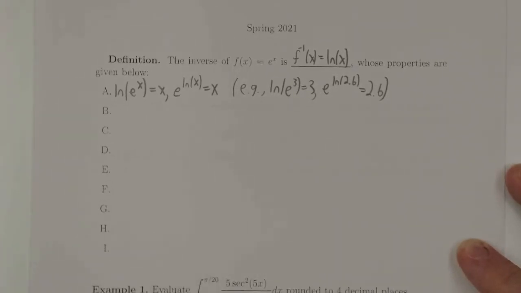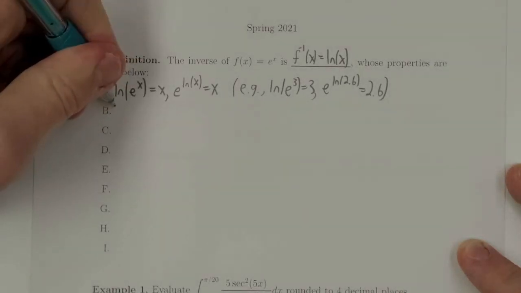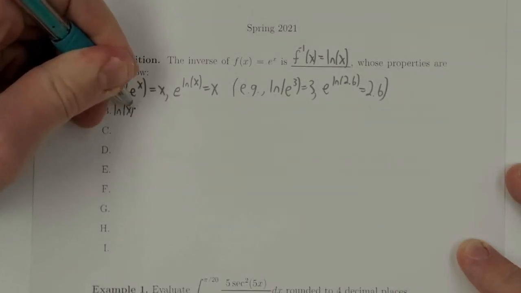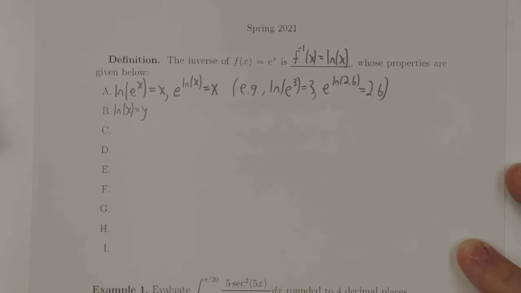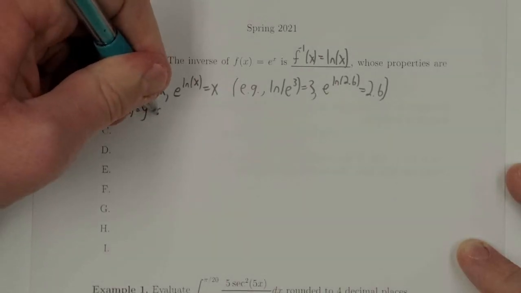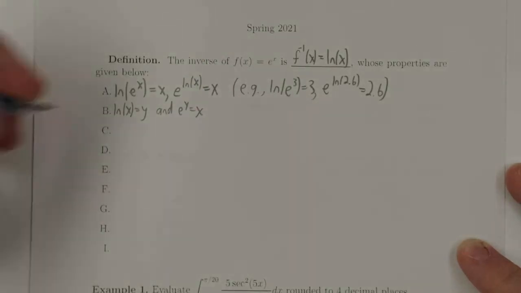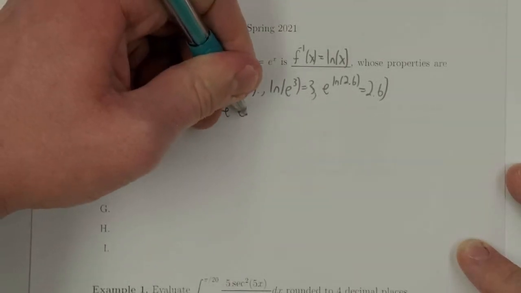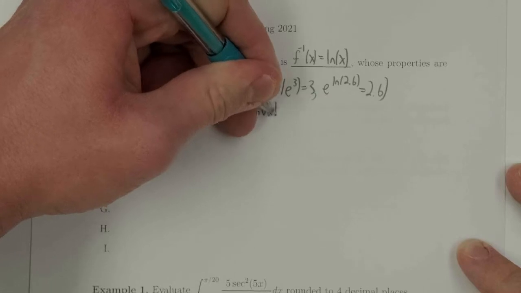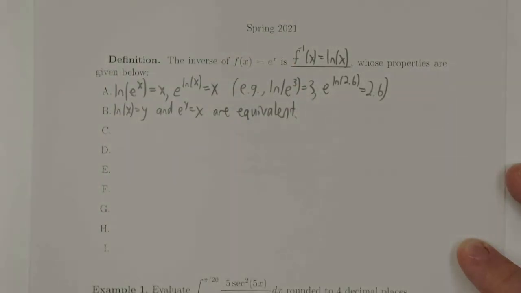And on a similar note, we also have that if we have natural log of x equals y, then that's equivalent to e to the y equals x. Those are equivalents. Okay.